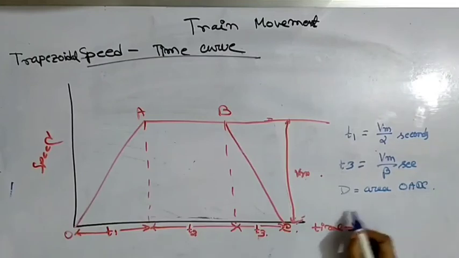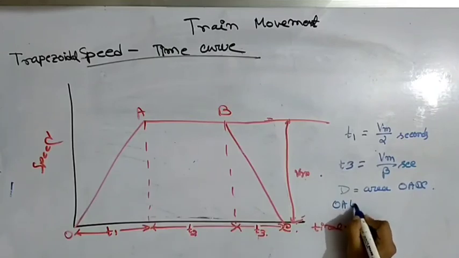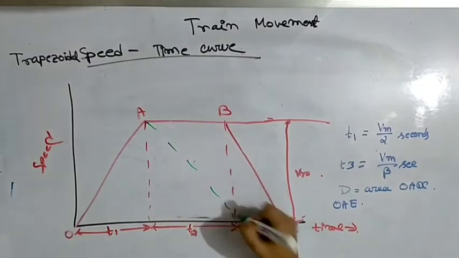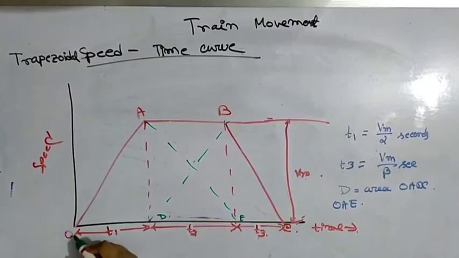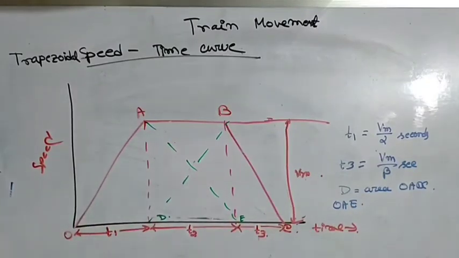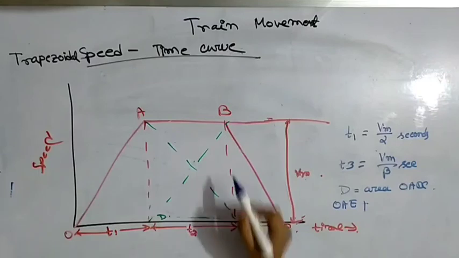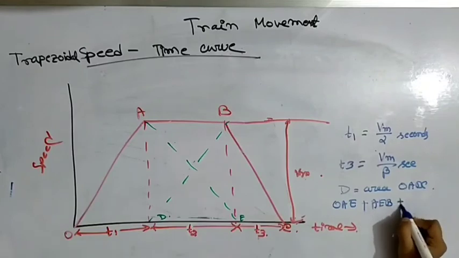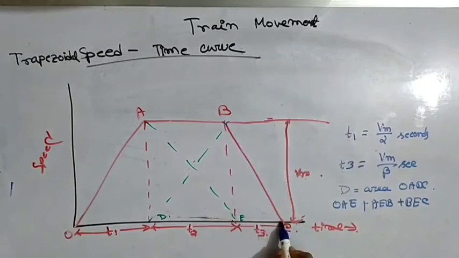Okay, now D is the area of OABC. So we can divide this total area into OAE, where E is this point and this point is D, plus AEB, and BEC.